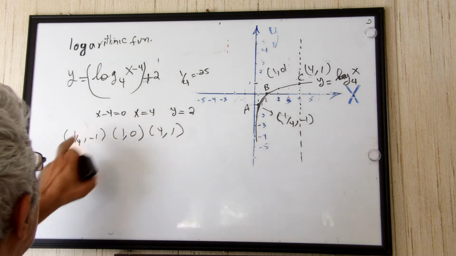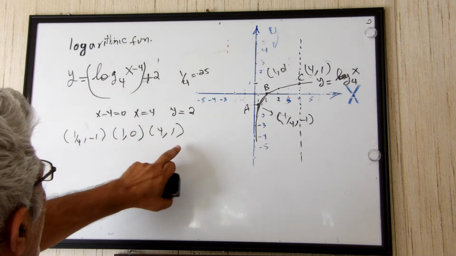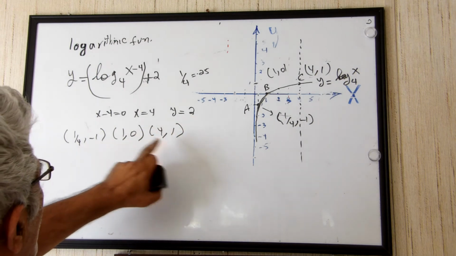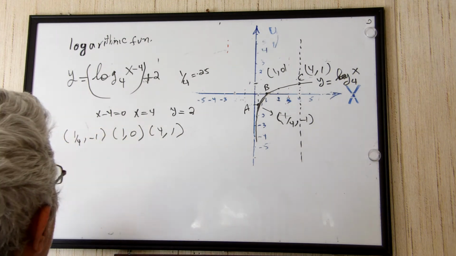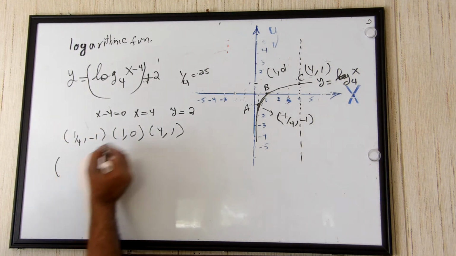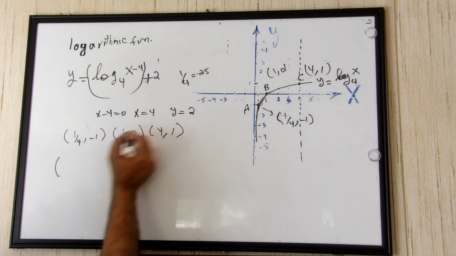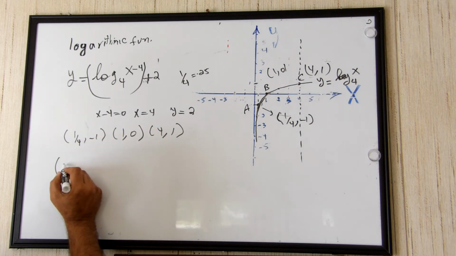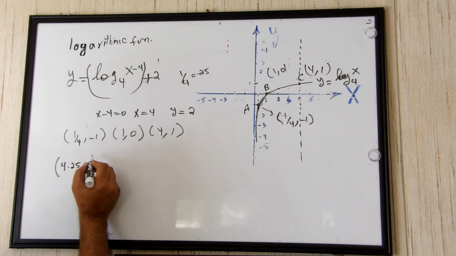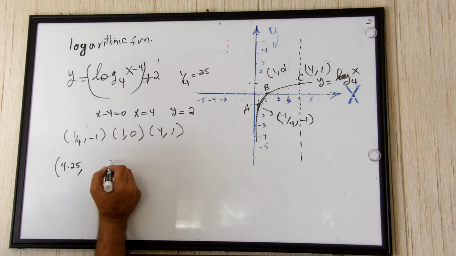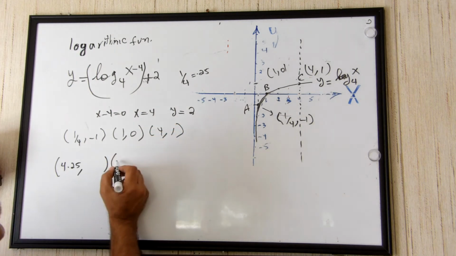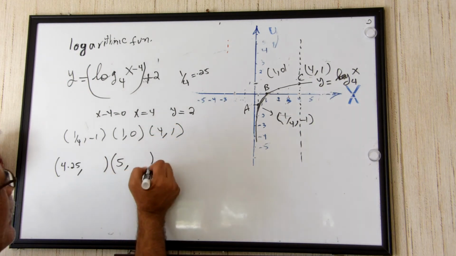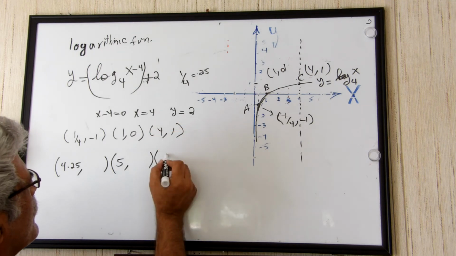So you add this to the x coordinates and this to the y coordinates of each point. If we add 4 to all the x coordinates, it's going to be 4.25, then 1 plus 4 is 5, and 4 plus 4 is going to be 8.